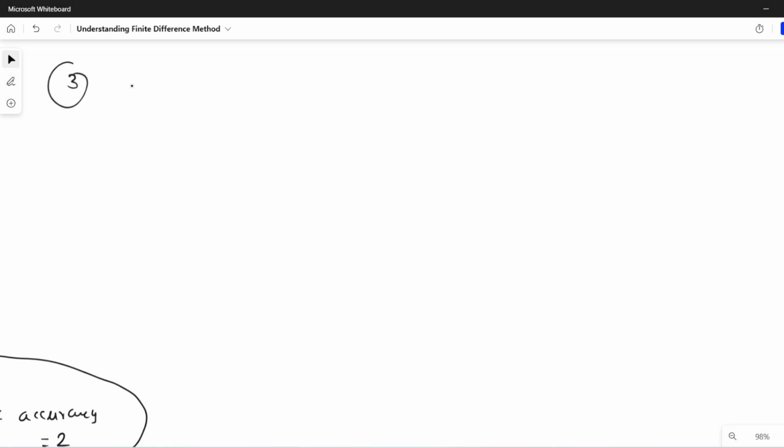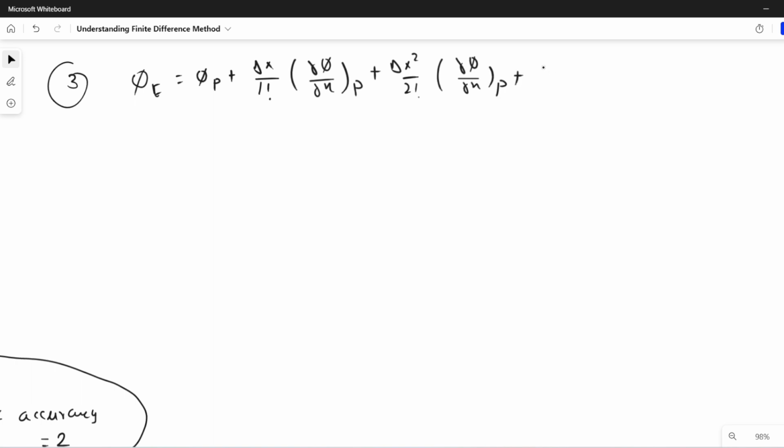Equation 1 was phi e equal to phi p plus delta x by 1 factorial dou phi upon dou x at point P plus delta x square divided by 2 factorial dou square phi upon dou x square at point P plus delta x cube upon 3 factorial dou cube phi upon dou x cube, and other terms.